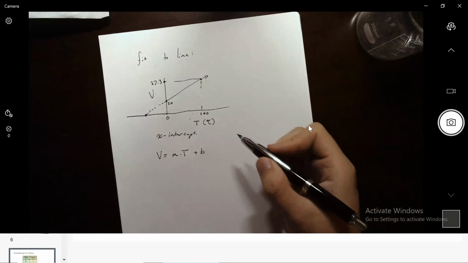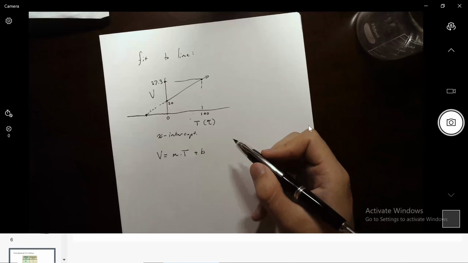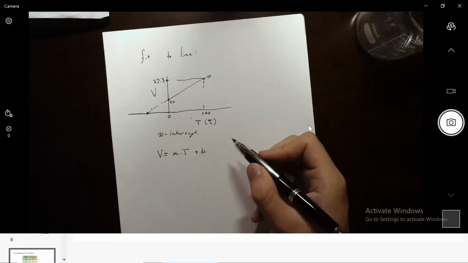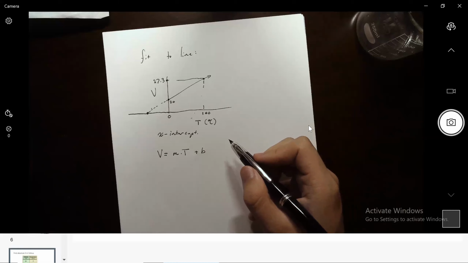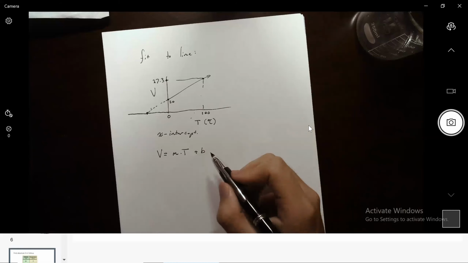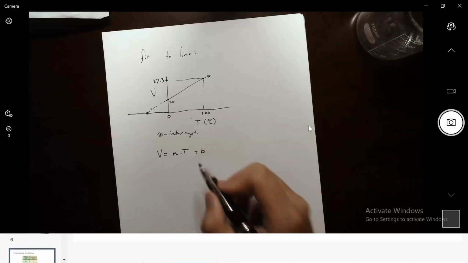Can someone tell me what the value of b is, looking at the graph? What should b equal? Great. So b is just the y-intercept. So b equals 20.